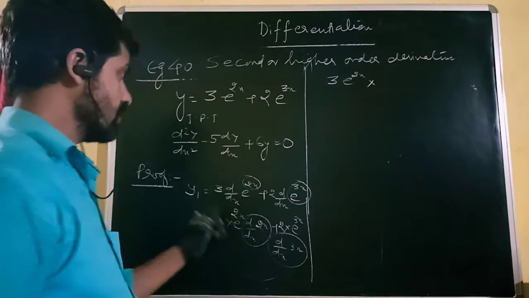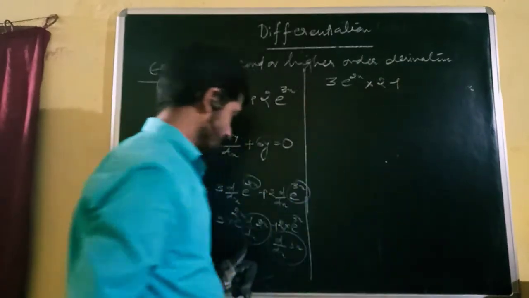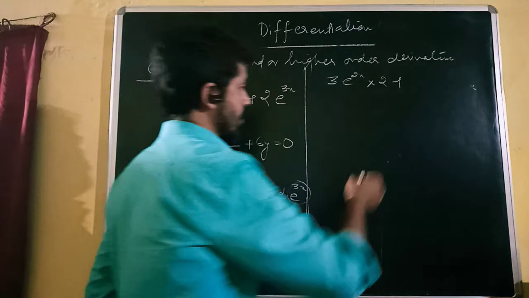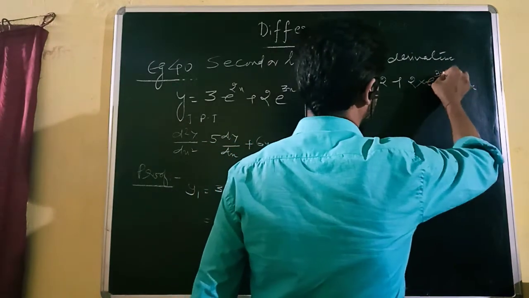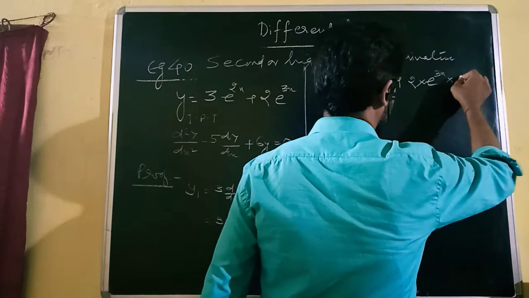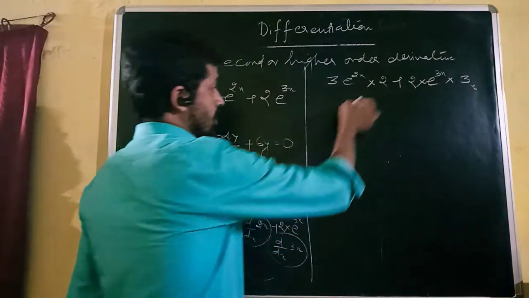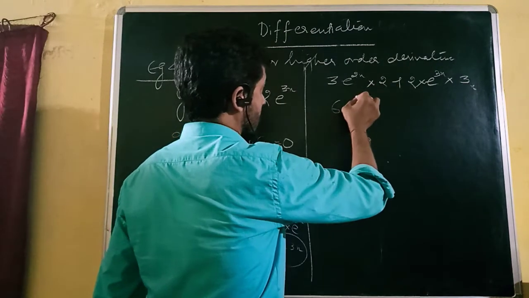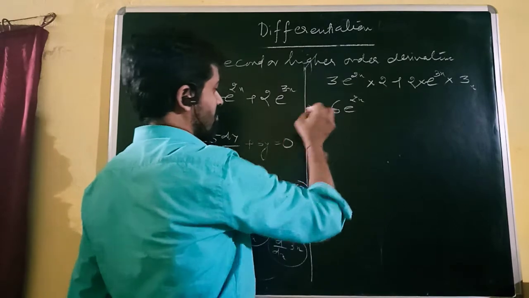So 2 3s are 6, and likewise here 2 times e raised to the power of 3x into 3, so 3 2s are 6.